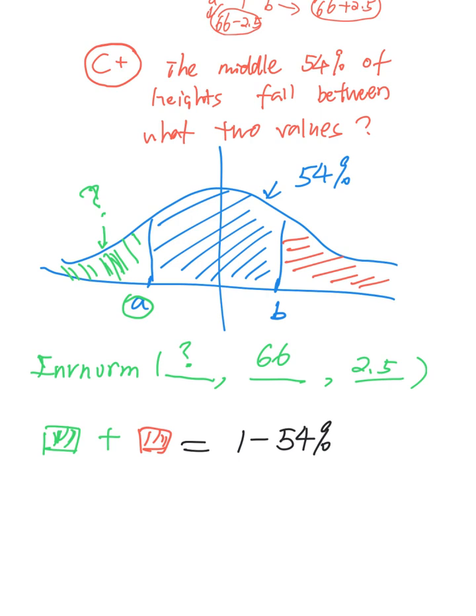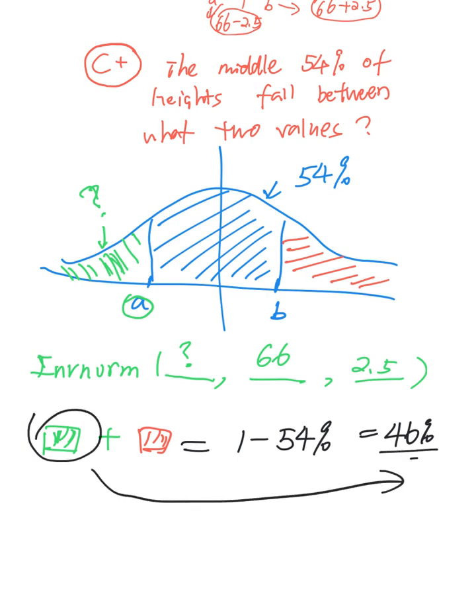So the blue plus green plus red is 100%. And we know blue is 54%. So that means green and red together have 46%. And because the normal distribution is symmetric, the green shaded area is half of this 46%, that is 23%.